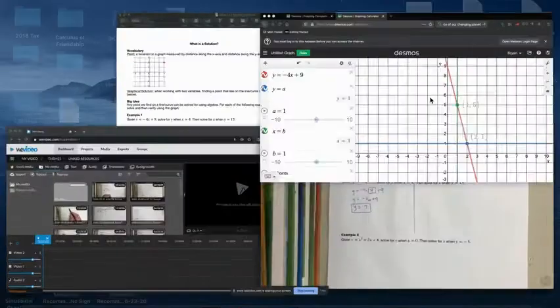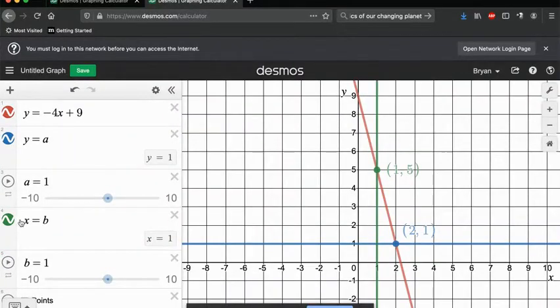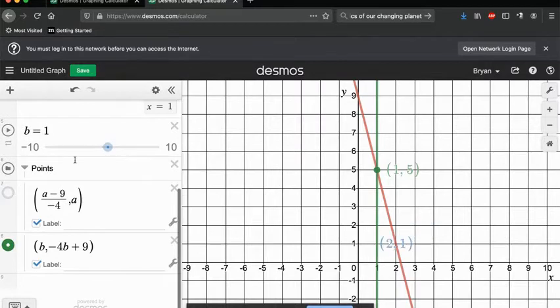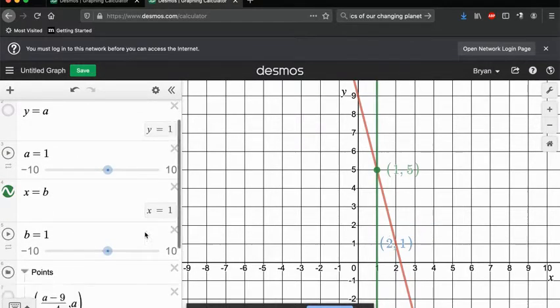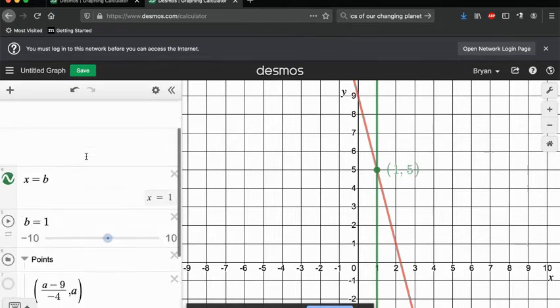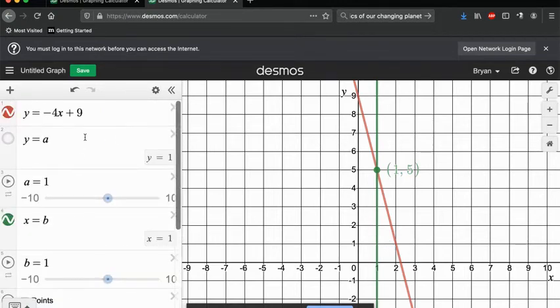Wrong screen. All right, so let's say we said x is 4.